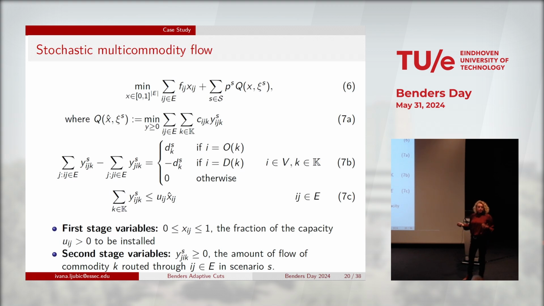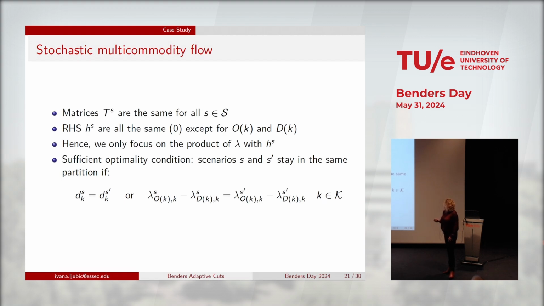Okay, so what can we do now? Well, of course, we can apply the standard Benders decomposition. We will assign dual variables, we will derive cuts, we can apply a single or multi-cut approach. But we can also apply our adaptive Benders. And what happens if we apply the adaptive Benders? Well, there are now some observations, because now we have to go back to optimality conditions. So the transportation matrix is here all the same for all scenarios.